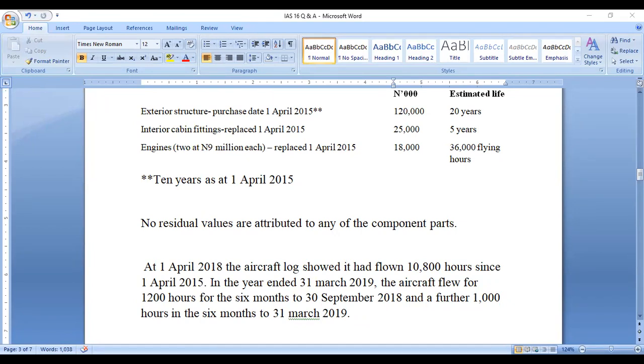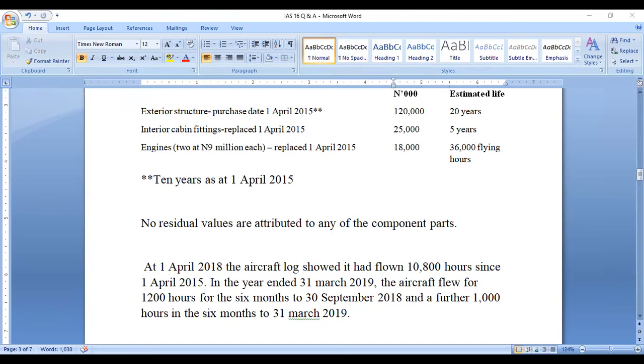So, cost is 120 million, and useful life is 20 years.